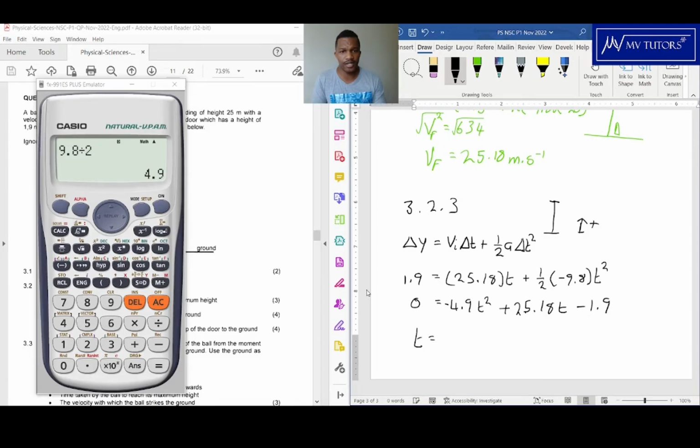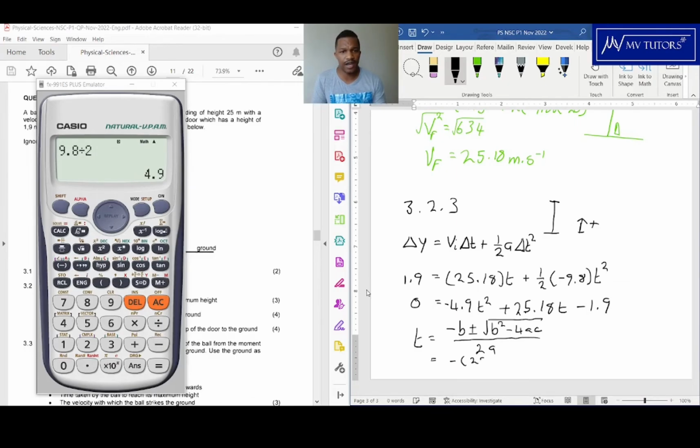Remember the quadratic formula, t will be equal to minus b plus or minus the square root of b squared minus 4ac, divided by 2a. So let's put numbers into that. I always put the variables in brackets. What's our b?